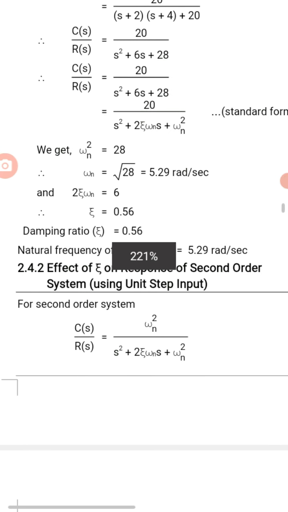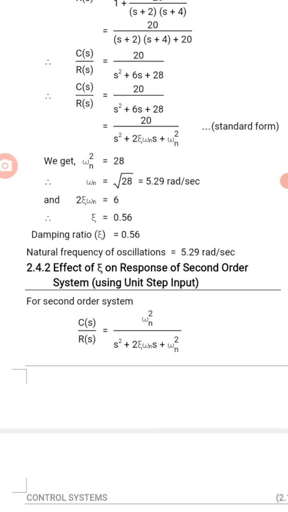Now what is the effect of damping ratio on the response of a second order system if the input is a unit step input? Normally there are different types of input. One is step input, ramp input, and then the last one, which is given as impulse.